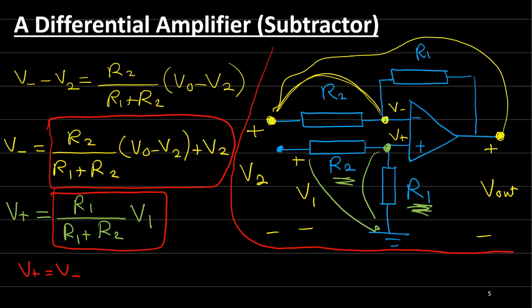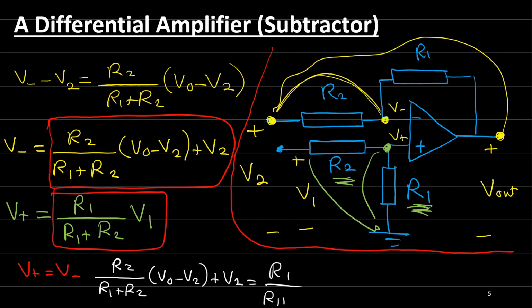R2 over R1 plus R2 times V out minus V2, plus V2, equals R1 over R1 plus R2 times V1.